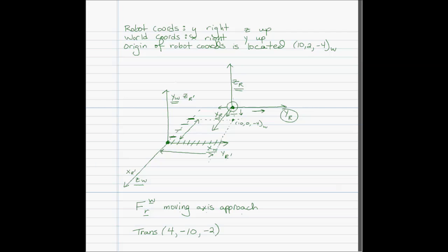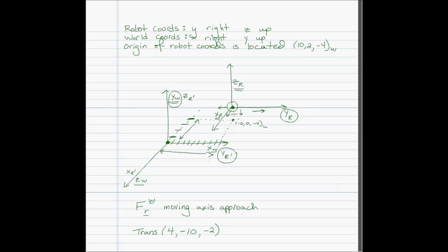So what I'm going to do first is try and line up, why don't we align the y-axis, this y robot prime, so that it lines up with this y world, right?